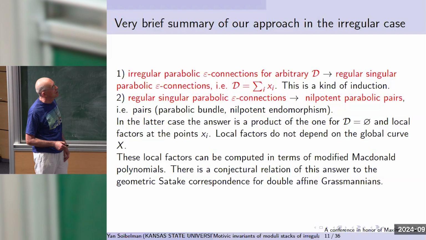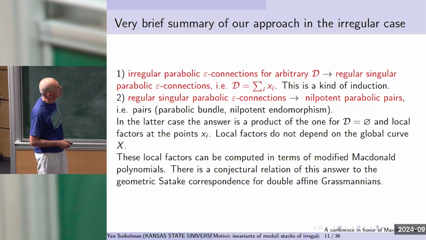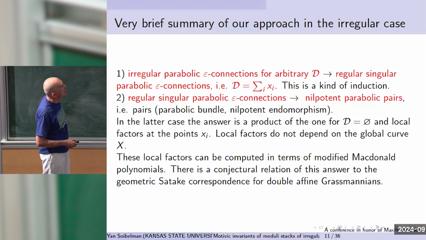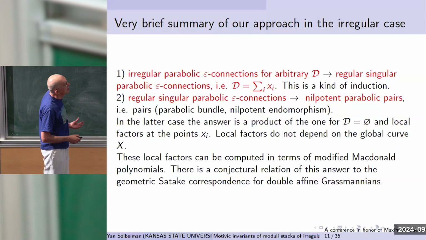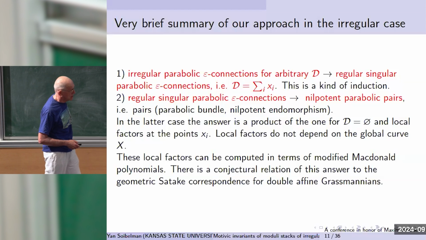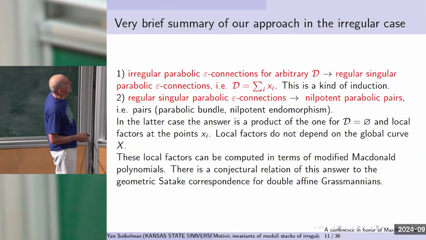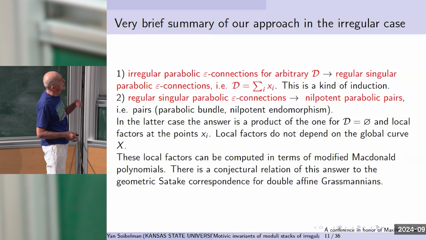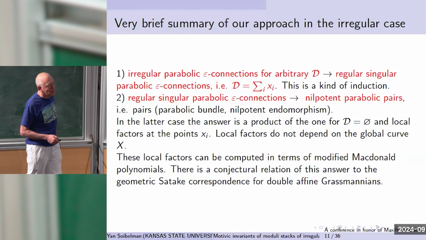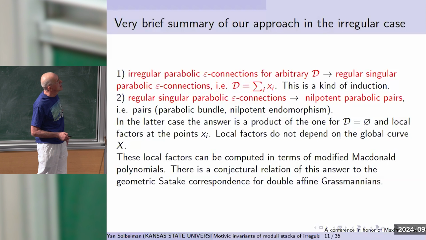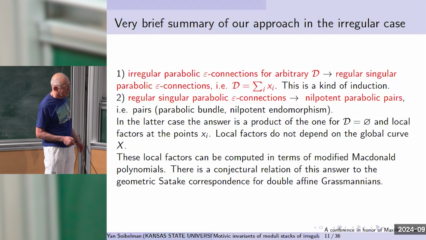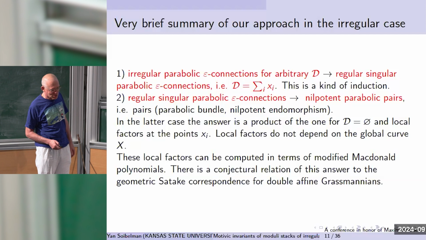All right, now here is, in case I am short of time, the summary of our approach, maybe for a few experts. We consider parabolic irregular connections for an arbitrary divisor. So the first idea is to reduce the irregular parabolic case to the regular one. It's non-trivial, of course, because for the regular case we have just poles of degree 1.